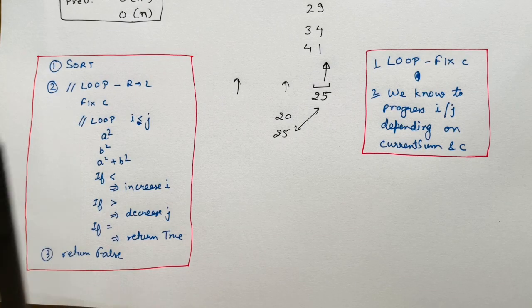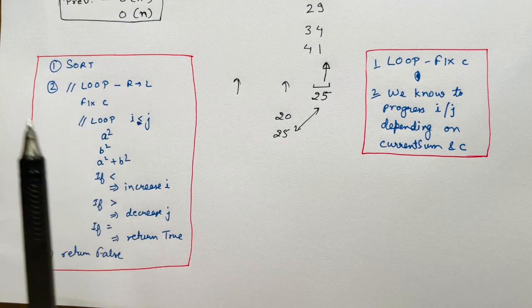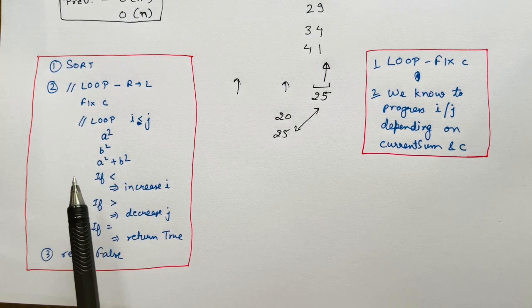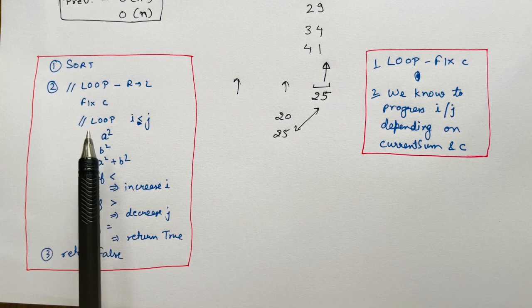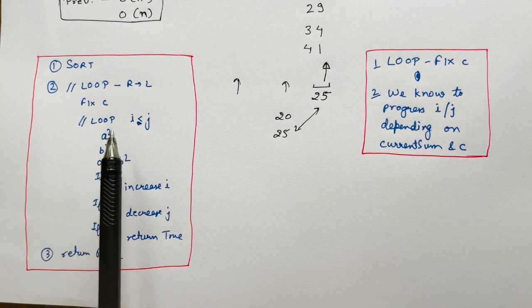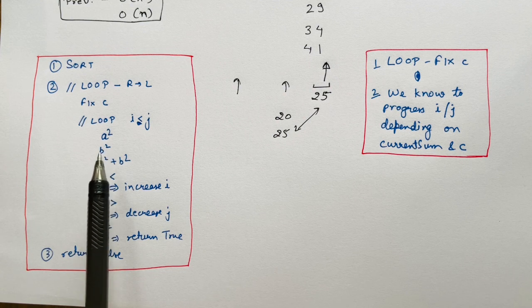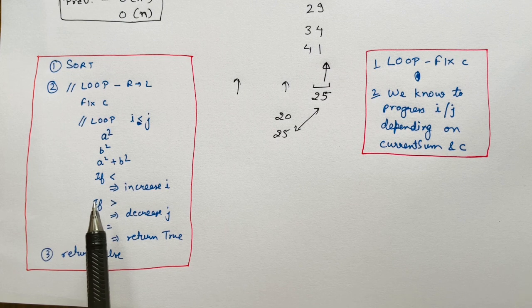We are first sorting the array, then we are running a loop from right to left, and in every iteration we are fixing a C. Then for this C, while trying to find A and B, we start with I and J at the two extremes of the remaining array, and we loop till I is less than J. In every iteration, we have A square, B square, and therefore we can calculate A square plus B square.